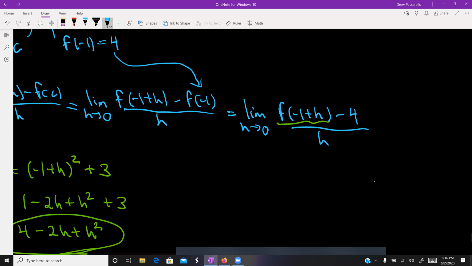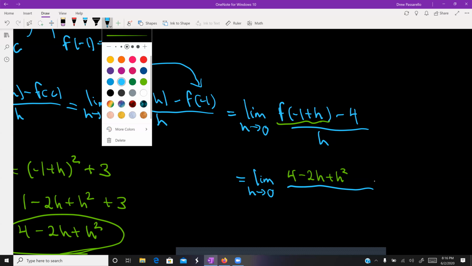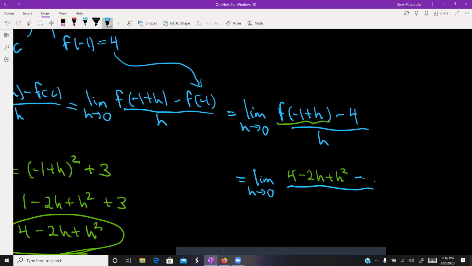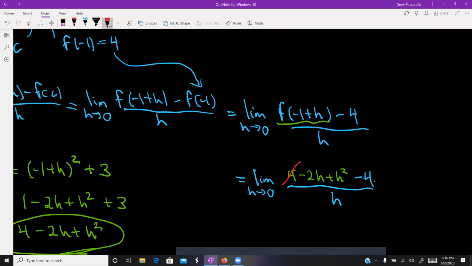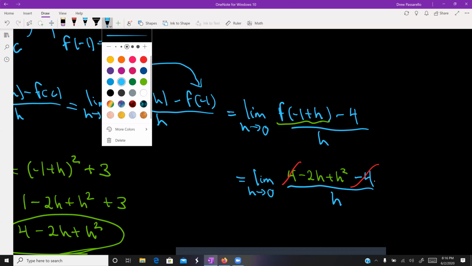This will be the limit as h goes to 0, and I'll put what I have circled in green. That's what f of -1 plus h is, and then minus 4, all of that divided by h. Now I can cancel out 4 with minus 4. So I have -2h plus h squared divided by h.